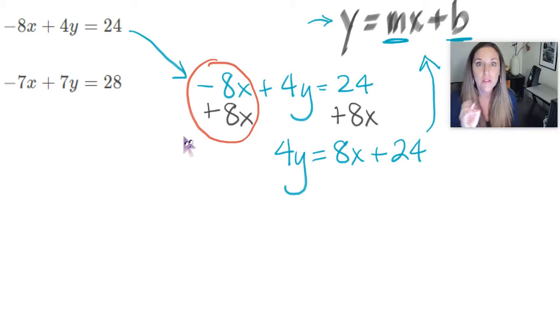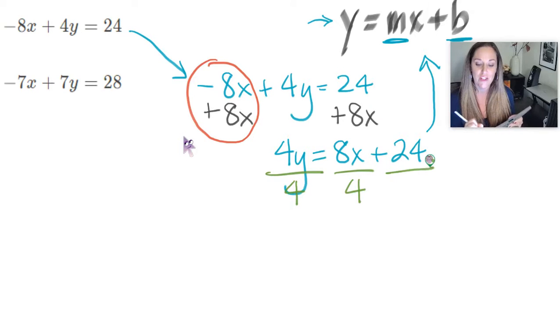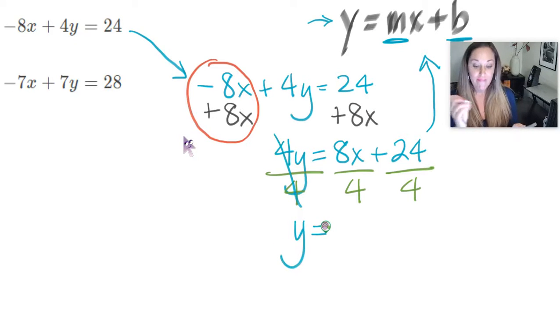The y is being multiplied by 4. The opposite of multiplying by 4 is dividing by 4. So we're going to divide all the terms by 4. And let's see what we get. 4y divided by 4 is simply y. 8x divided by 4 is 2x. And 24 divided by 4 is 6.